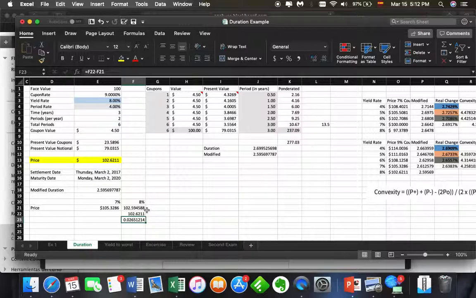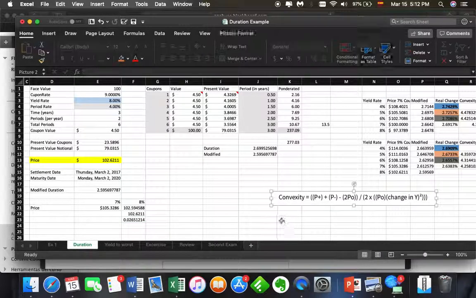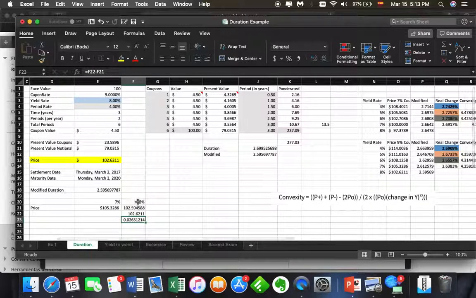Why? Because we're missing a concept named convexity, and that's the next part of this module. But for now, just stay with that: duration, modified duration, is a very good approximate value of how much the price of a bond is going to change. See you soon, guys. Thank you.